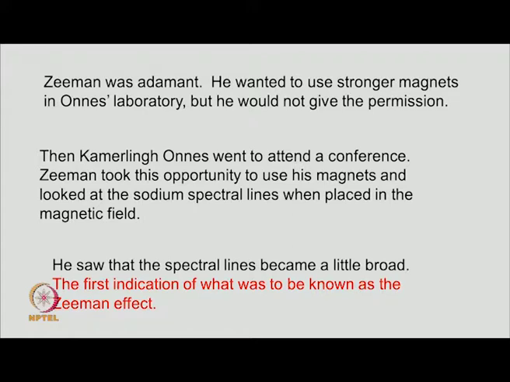That was the opportunity Zeeman took to use his magnets and look into the spectral lines of sodium atoms. What he saw was that the spectral lines of sodium just became a little broad, not a great effect, but just a little broad. So, this was the first indication of what was to be famously known as the Zeeman effect.